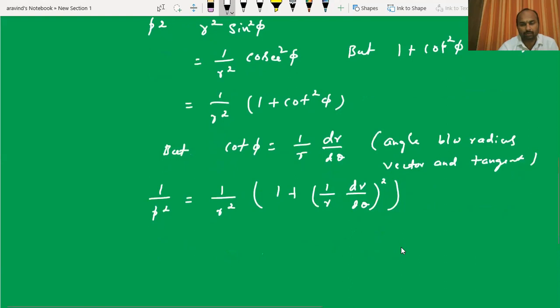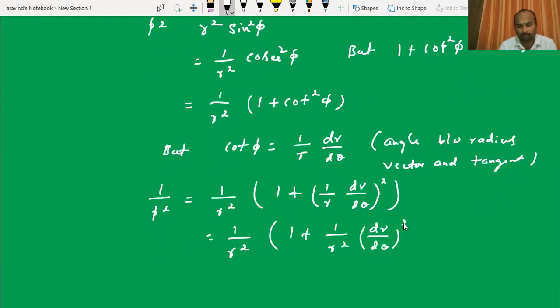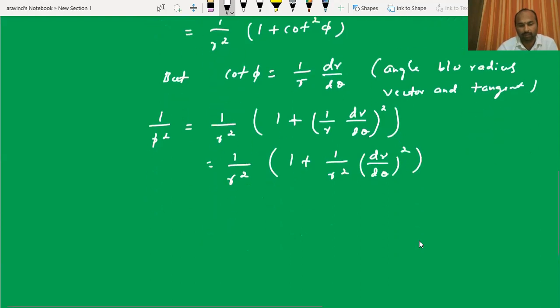So expand this. That is 1 by r square into 1 plus 1 by r square dr by d theta whole square. Multiply it.